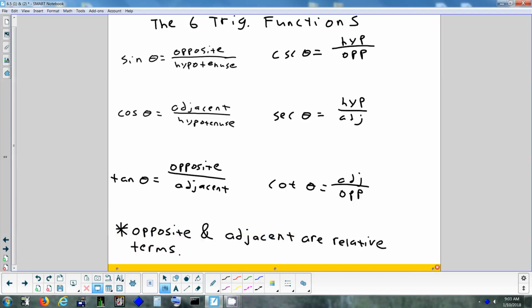Versus an absolute term, like the hypotenuse is always the hypotenuse. It's across from the 90. That never changes. So an example of that would be asking people in this room which way is up. It doesn't matter which way you're facing. Up is always towards the ceiling. But left and right, it matters which way you're facing. Okay? So that's how opposite and adjacent are. It matters which way you're facing.